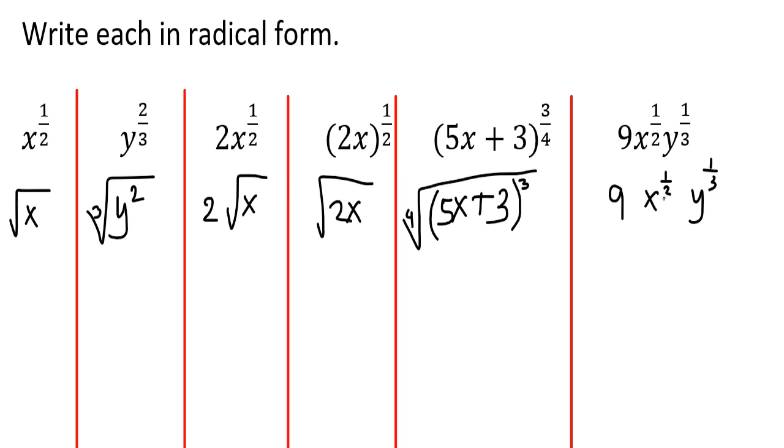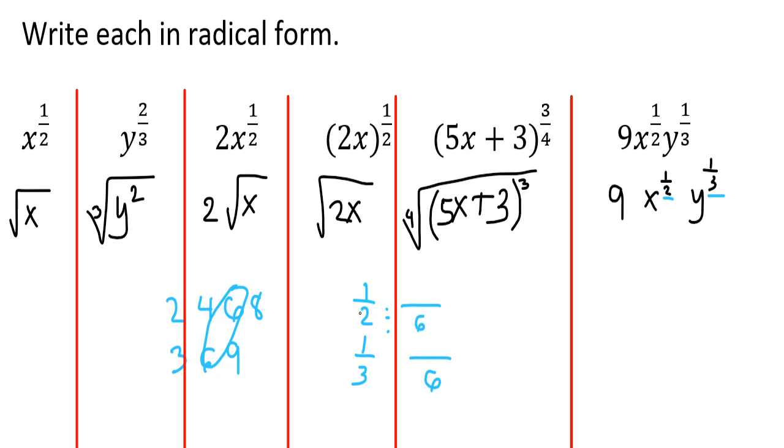Tignan natin yung exponent ng dalawa. 1/2 saka 1/3. Okay. So, kunin natin yung LCD nila. Ano kaya yung LCD ng dalawa? So, it is 2, 4, 6, 8. Yung isa, 3, 6, 9. So, anong pagkakapareho nila? 6. So, the LCD is 6.